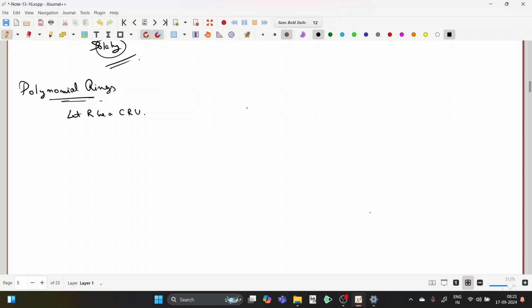Okay. So let R be a CRU. A formal expression of the form a naught plus a1 x and so on till a n x to the power n, where x is an indeterminate, that is, x carries no value. It is an empty box where I can put suitable values according to suitable conditions.